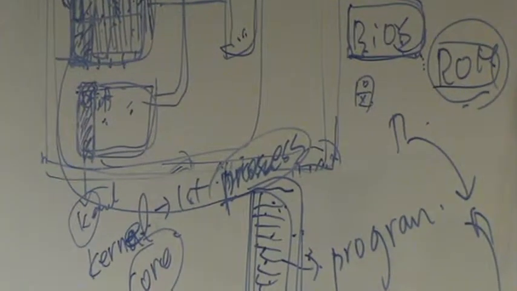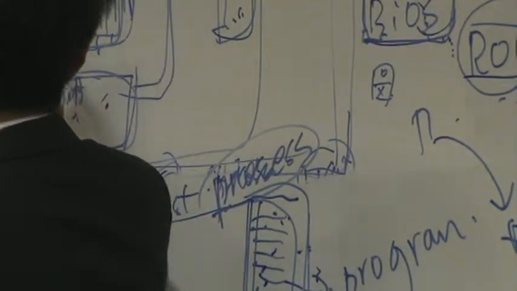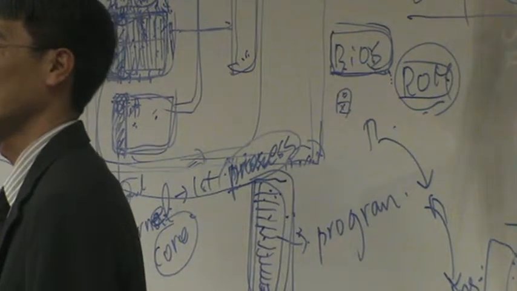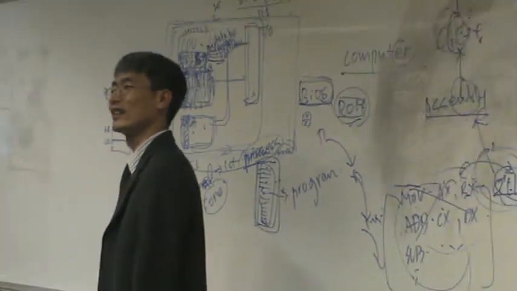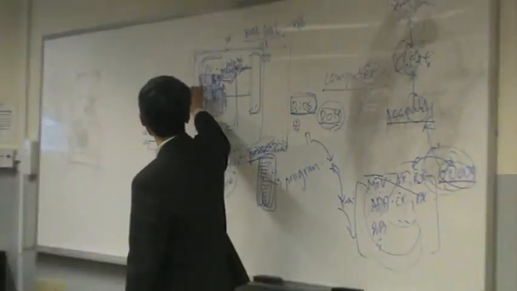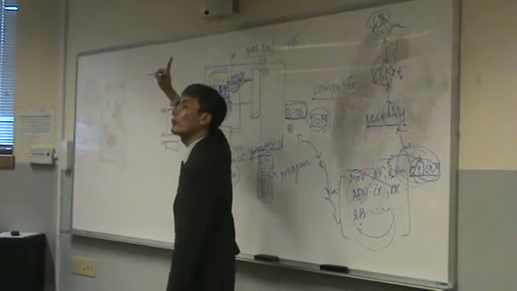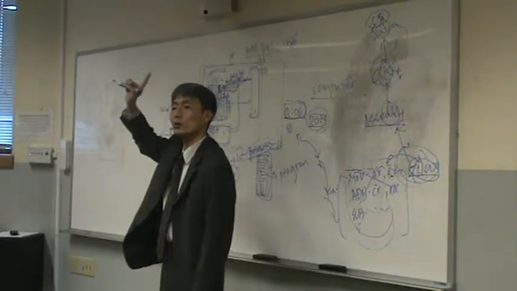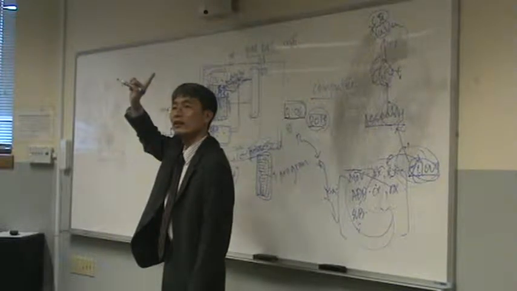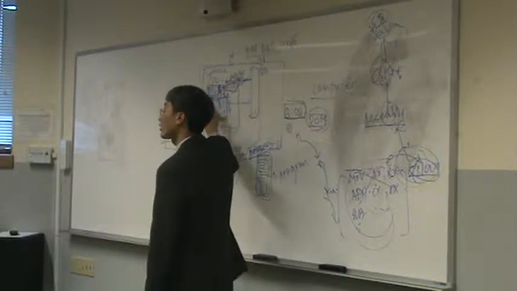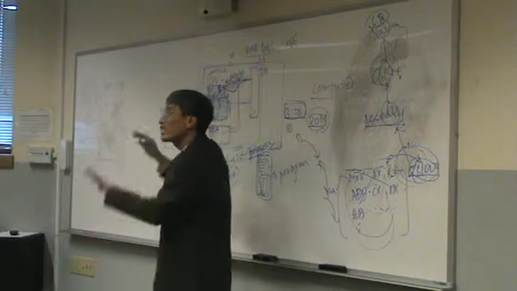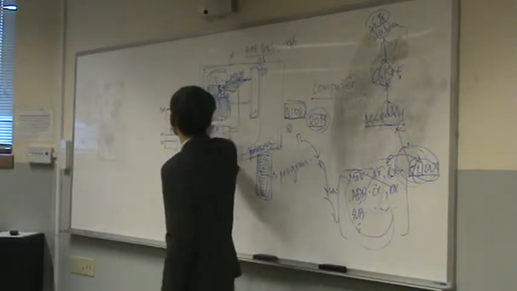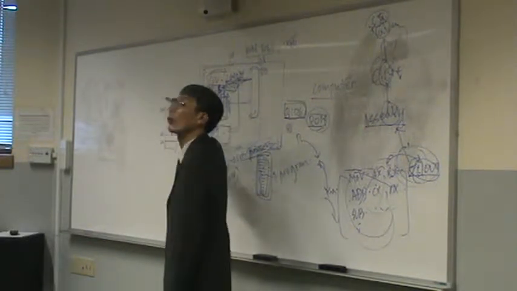Actually, a copy. Really, it's a copy. How many processes do we have right now? Only one process. That is the kernel process. Then to create another process, we actually make an exactly same copy of the process. It's kind of a clone.